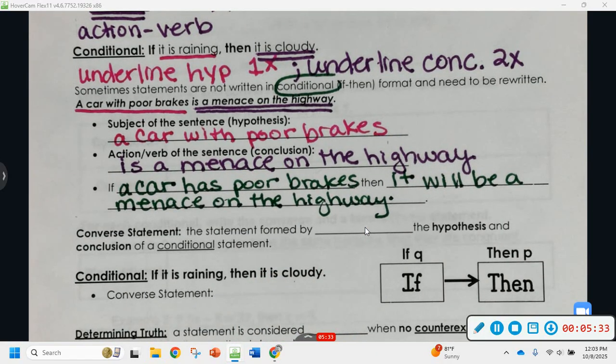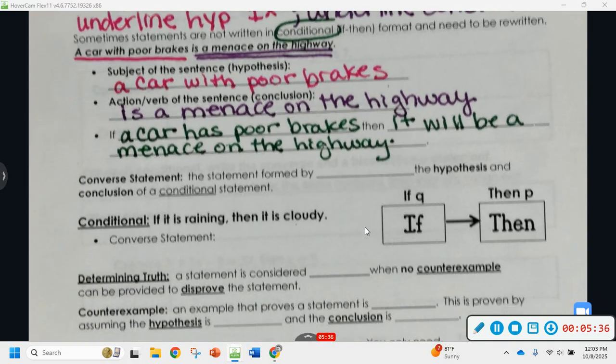So if a car has poor brakes, then it will be a menace on the highway.